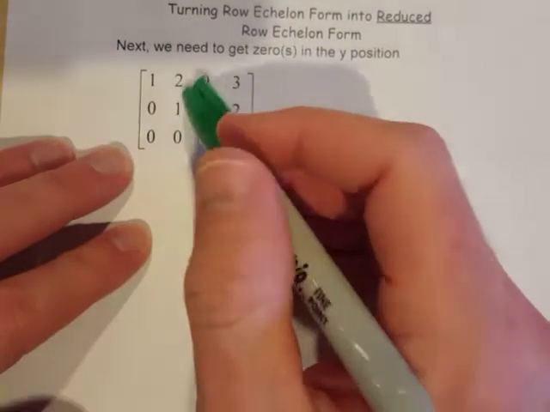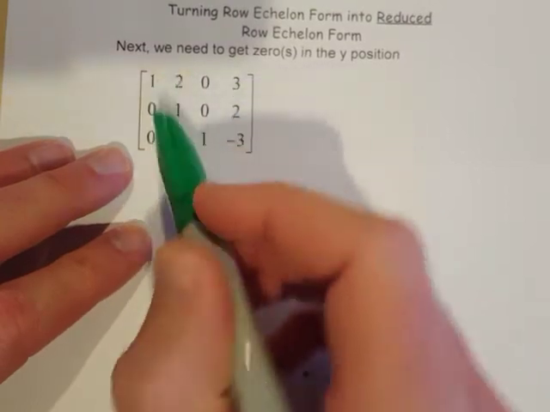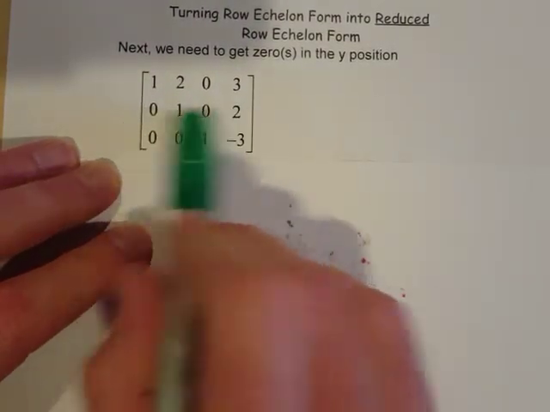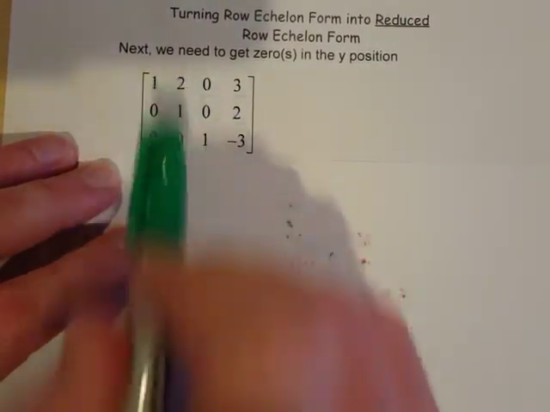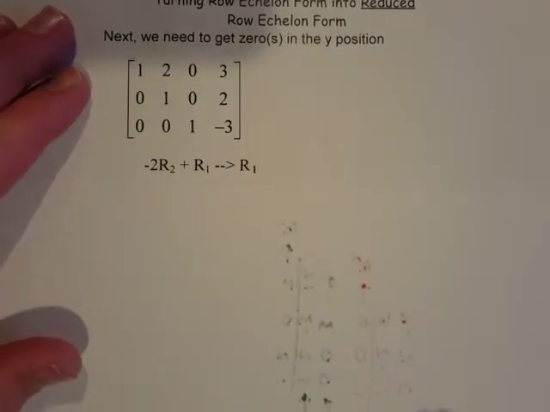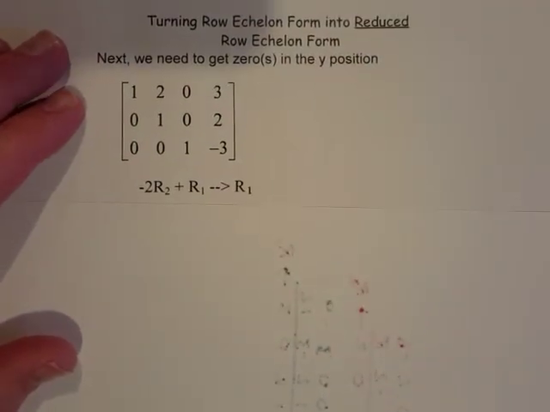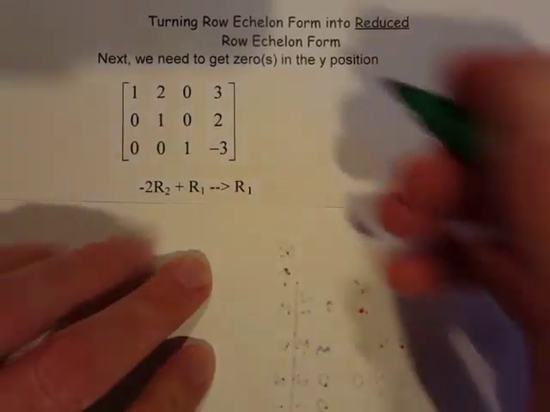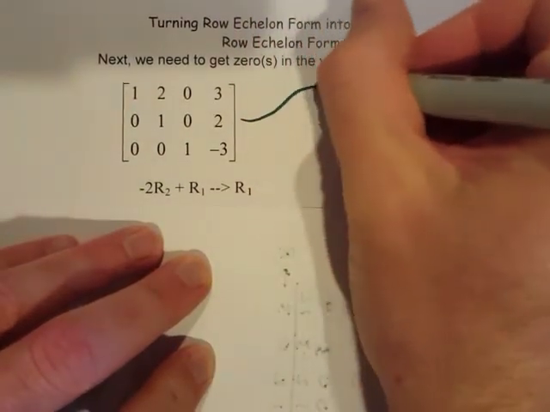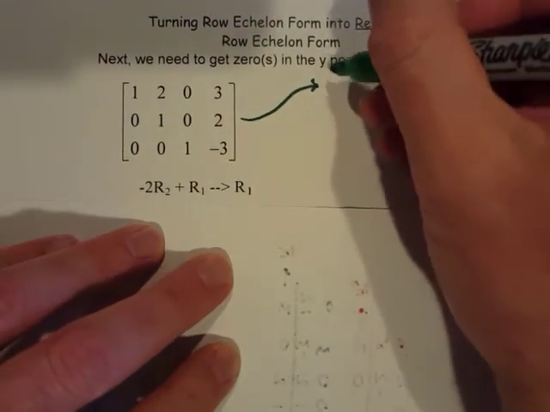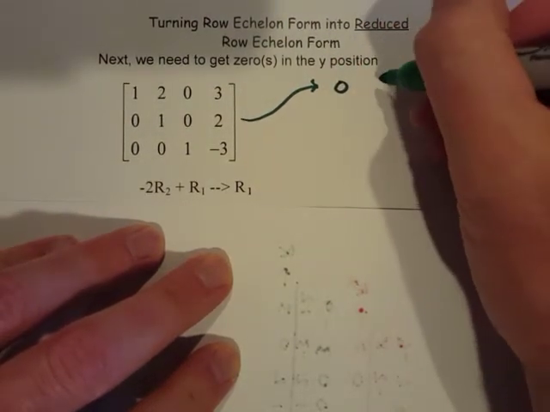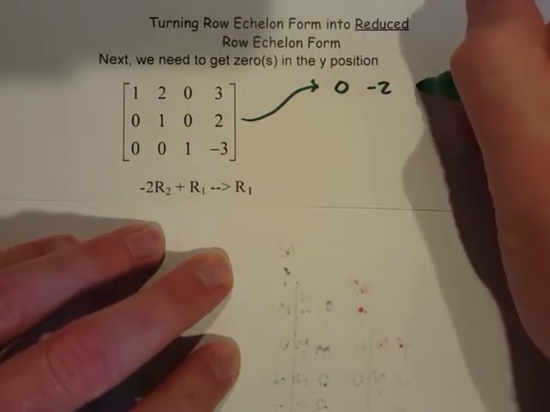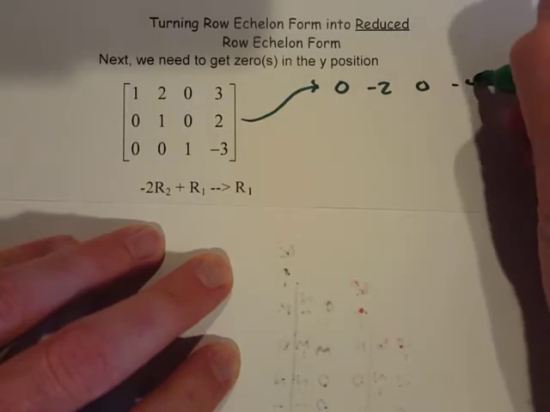Now we need to get rid of the 2, so we can multiply row 2 by -2 and then add it to row 1. So that's what our row operation will look like here. So we'll go 0, -2, 0, -4.